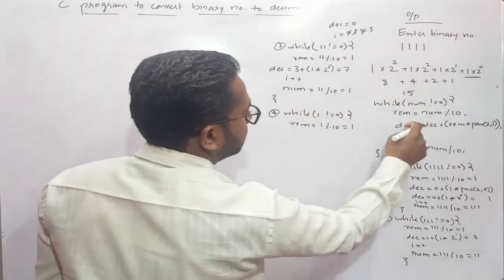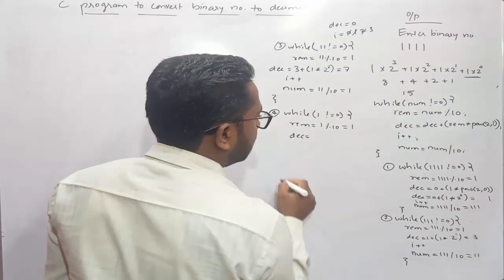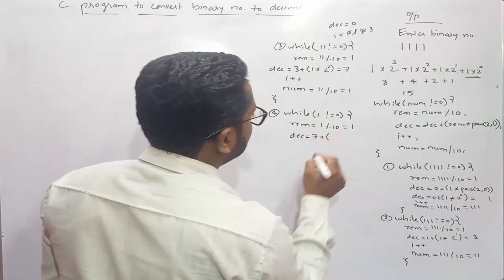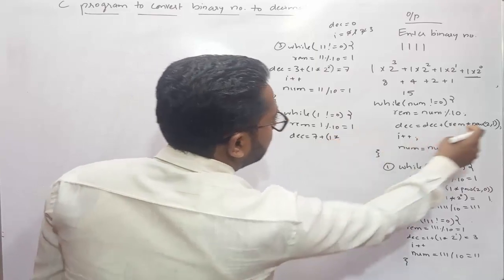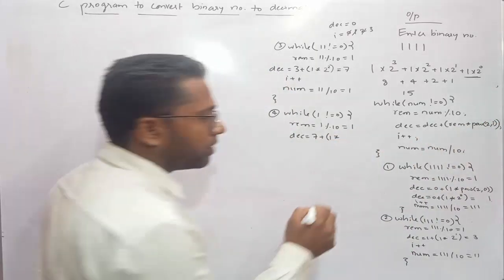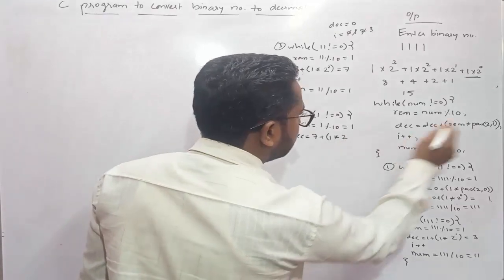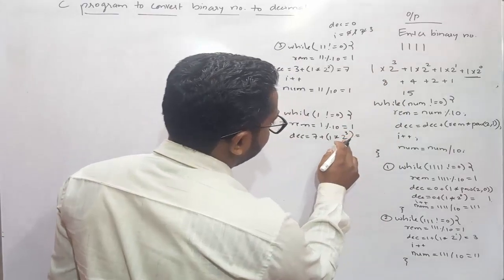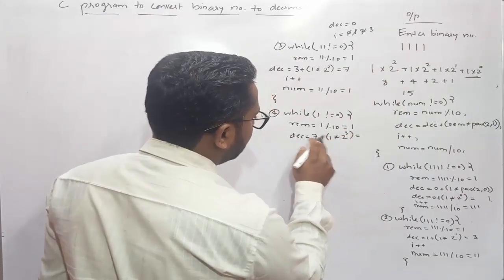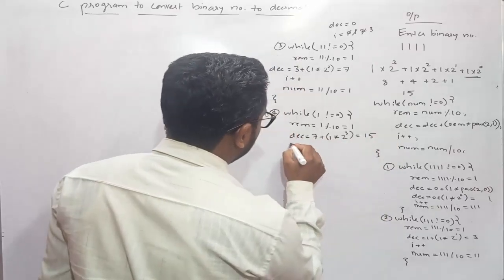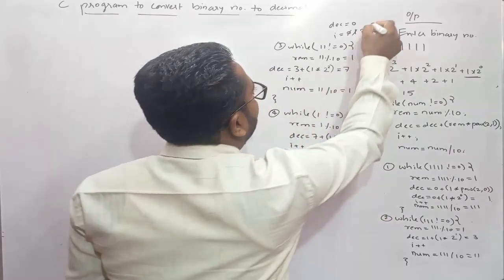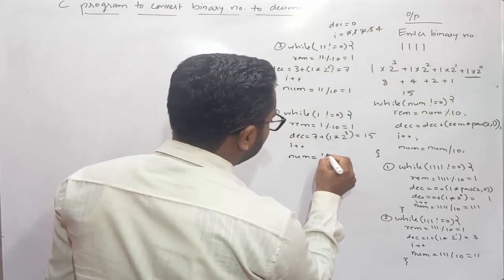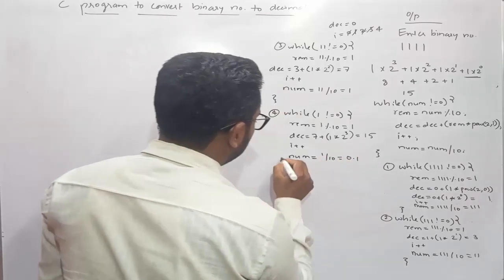Then this step, decimal equals decimal, what was the decimal value in the third iteration? 7. 7 plus remainder value, which is 1, into power of 2 comma I. We can write it like this: 2 raised to the value of I, which is 3. 2 raised to 3 equals 8. 8 into 1, 8 plus 7, now we got 15. And again the I value gets incremented by 1. Now I becomes 4. And then num equals 1 by 10, which equals 0.